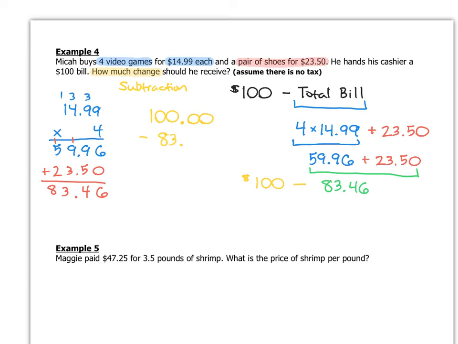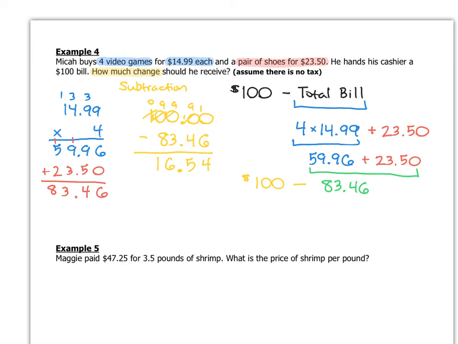So this will be 100.00 minus 83.46. I'll need to do a lot of borrowing in this problem, since I have a lot of zeros up there in my 100. So I'll do 10 minus 6, which is 4, 9 minus 4, which is 5, 9 minus 3, which is 6, and 9 minus 8, which is 1.